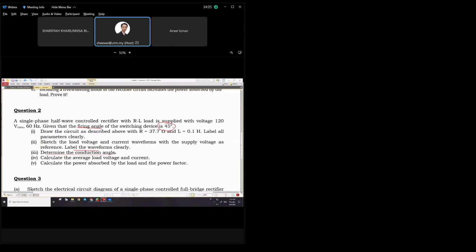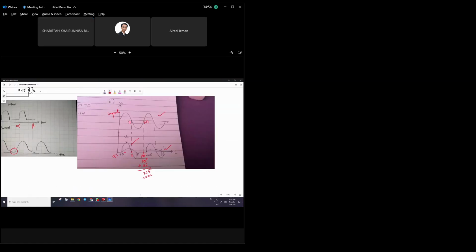Determine the conduction angle. How to do it? Do you understand what the question is asking? What is the conduction angle? Conduction angle is beta. No. Beta to extinction angle. Beta minus alpha.